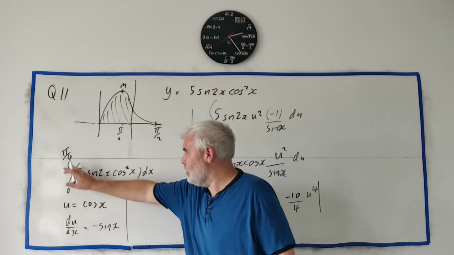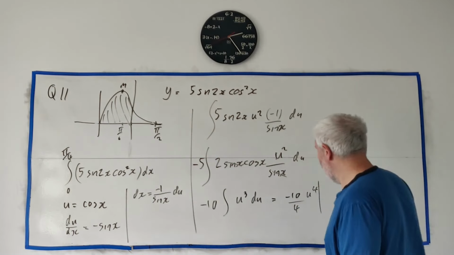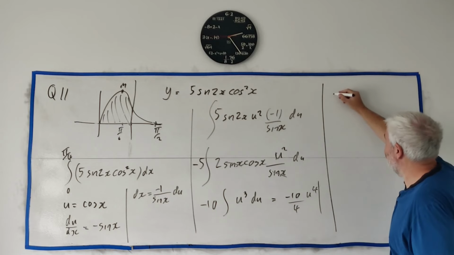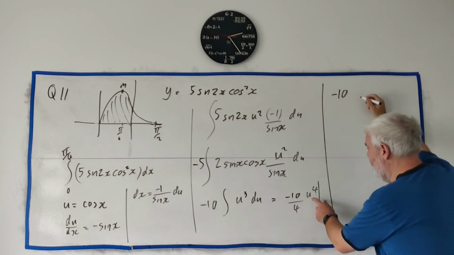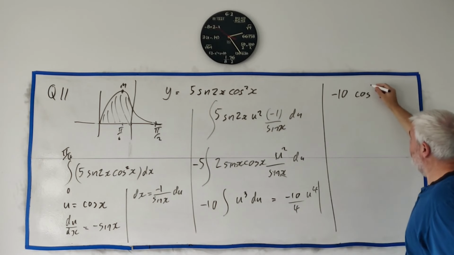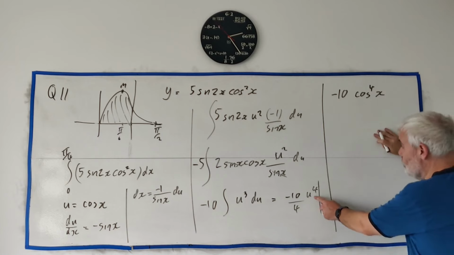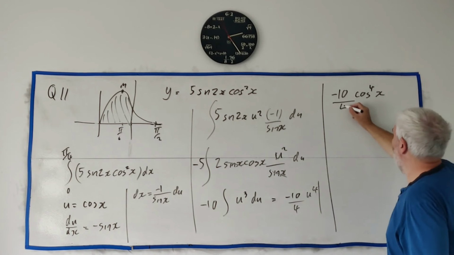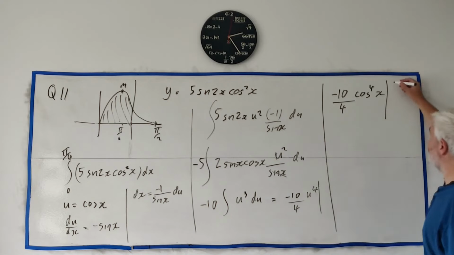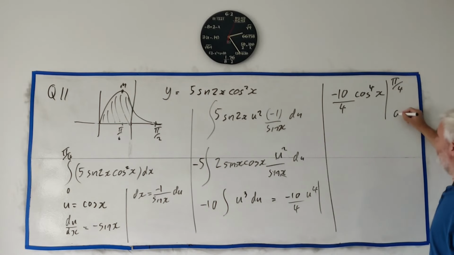I like to change my units to these u units, but you don't have to. I'll leave them blank, because this is now the same as minus 10. I know what u is. It's cosine to the power of 4 over 4, evaluated between pi over 4 and 0.